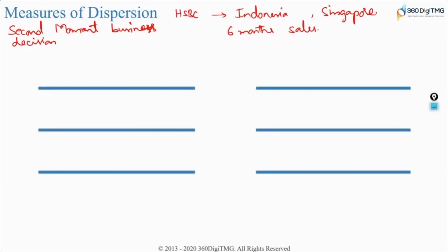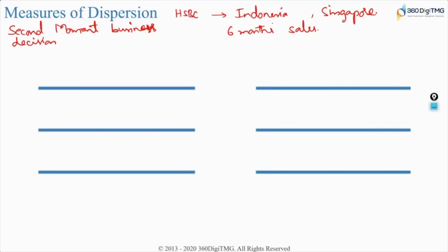The second question which your management would ask is, are the sales the same across the locations, or are the sales varying, fluctuating? Are the profits across these locations the same, or are the profits fluctuating?